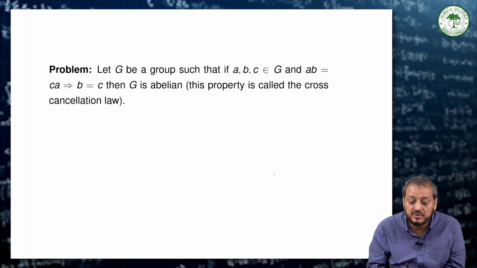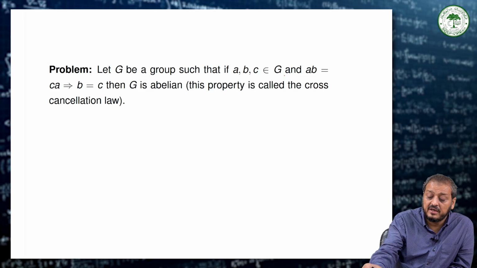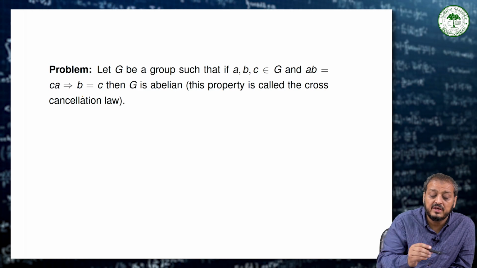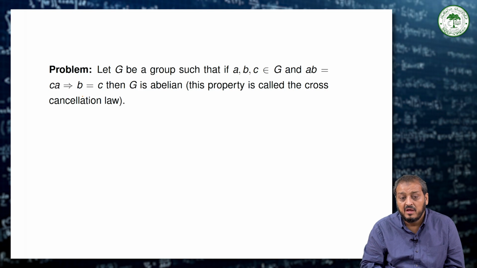Let G be a group such that a, b, c belong to G, and the condition given is ab equal to ca implies that b is equal to c, then G is abelian.